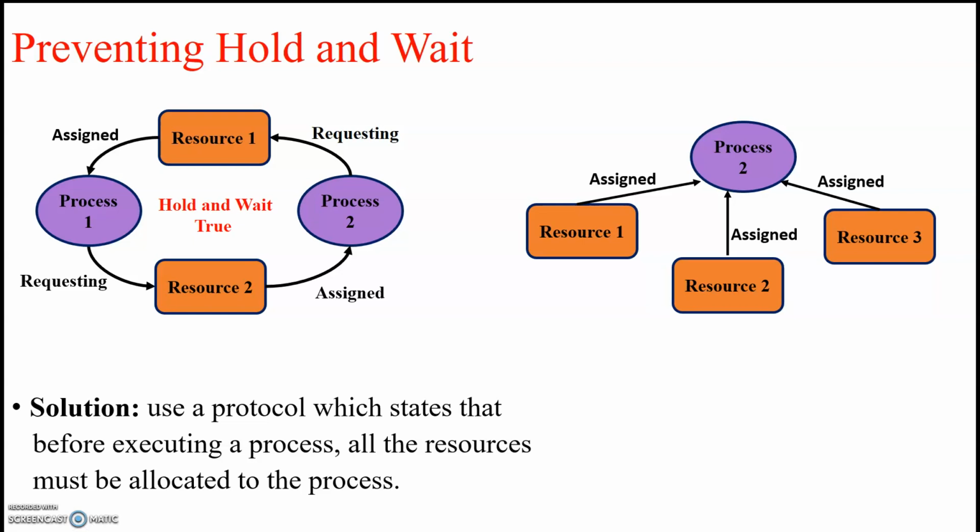So before executing, a process will be allocated all the resources that are required for its execution. And now process P2 can complete its execution, so no deadlock can take place over here. So this is how we can prevent hold and wait.